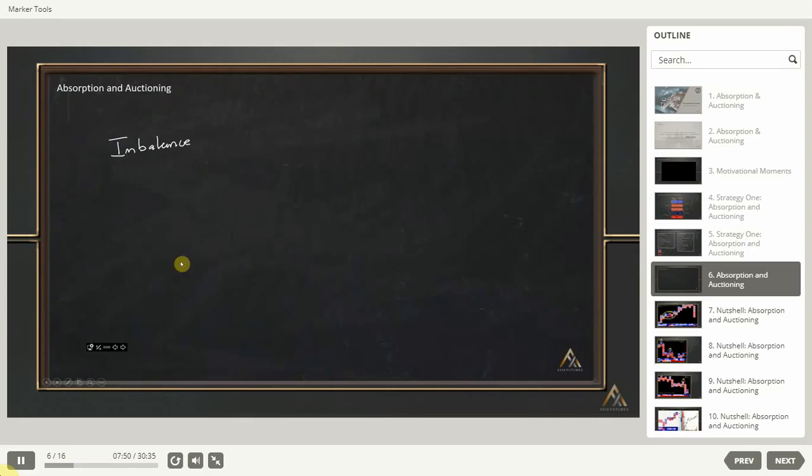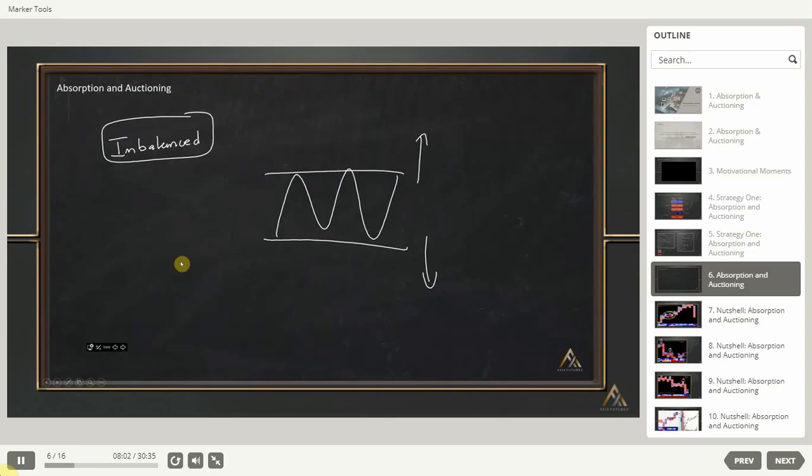And the reason is very simple. Remember, what we're looking for is initiative once we break out of the key pivot area. Now, if the market is in the imbalanced zone, note that imbalance just simply means we're trading maybe quite close to the extreme of the previous day, or even sometimes outside of the previous day's range.